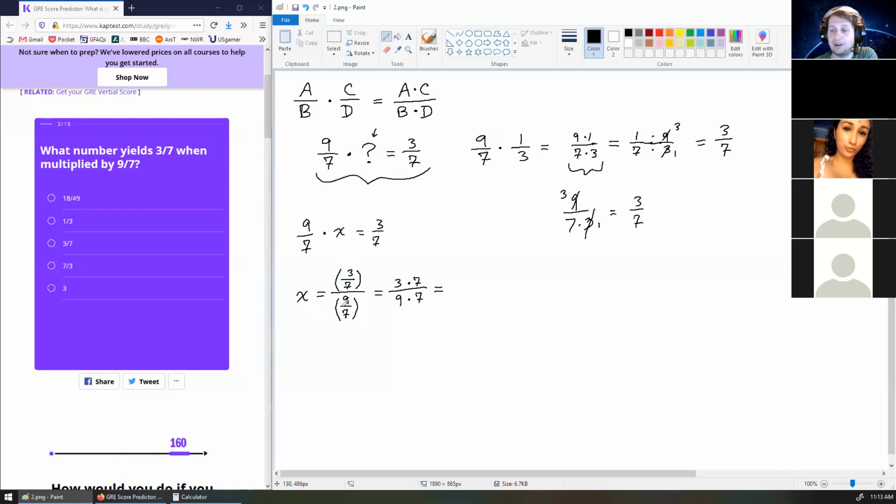The number up here is the number we're dividing out. When you have a fraction divided by another fraction, here's what happens. This number goes up here, and this number comes down here.